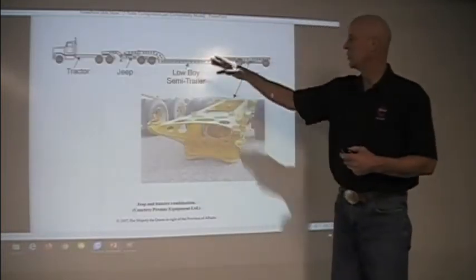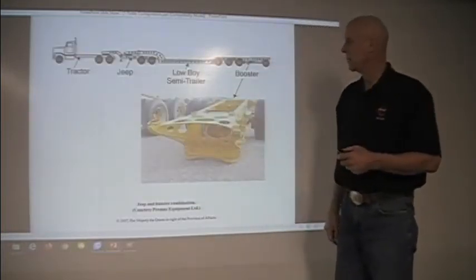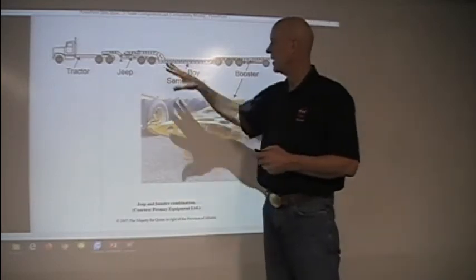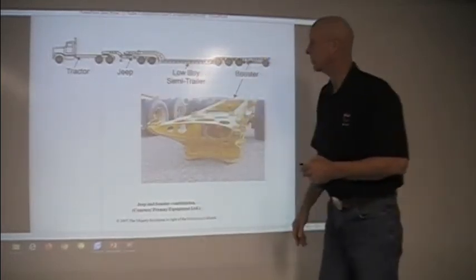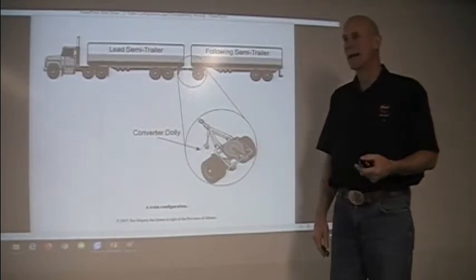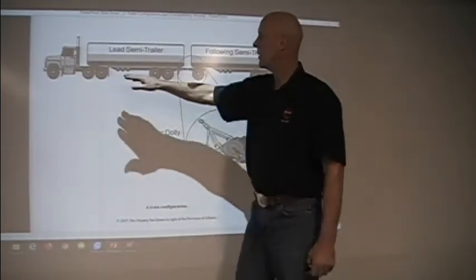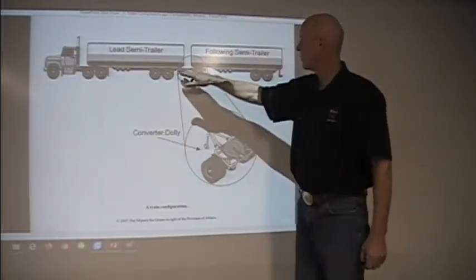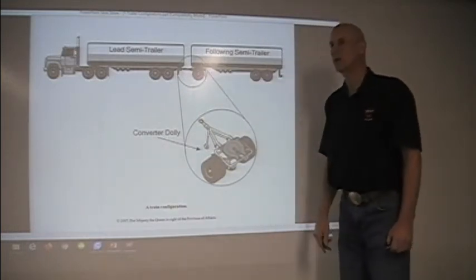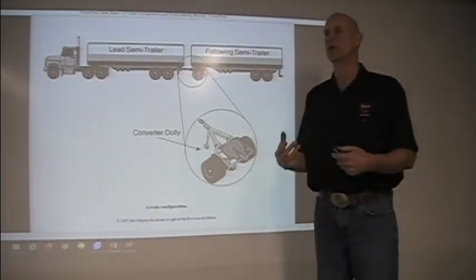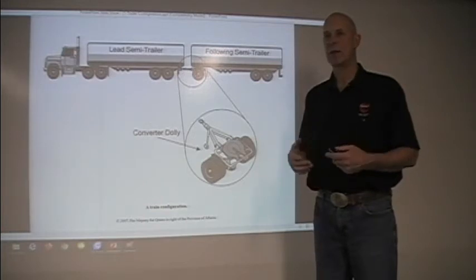When we get into low beds, again, making sure that we don't have any issues with them. When we take a look at a tandem trailer, so we got a pivot point here, we have a pivot point here, and we have a pivot point here. So here we have 3 pivot points on this trailer that all have to be maintained.